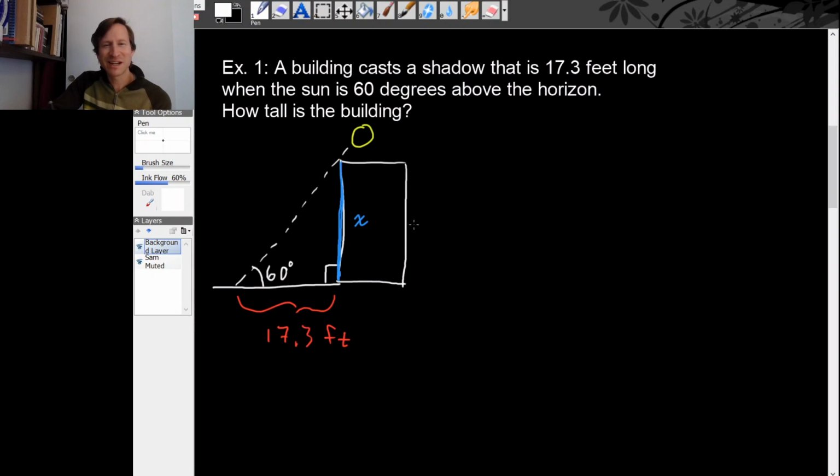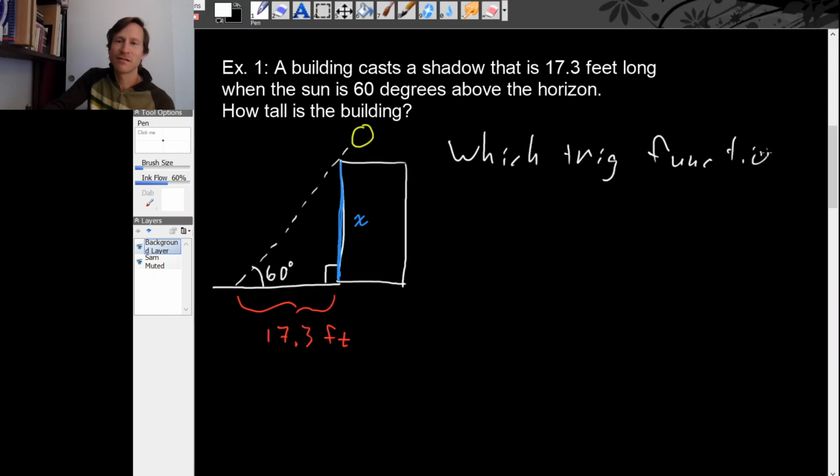So we already are getting the feeling that we can use the trig functions to find x, but the question in these sorts of situations is always, which trig function should you use? To decide which trig function you should use, look at what you know, which is the length that you know, the adjacent side.